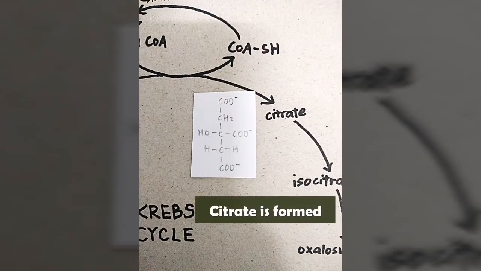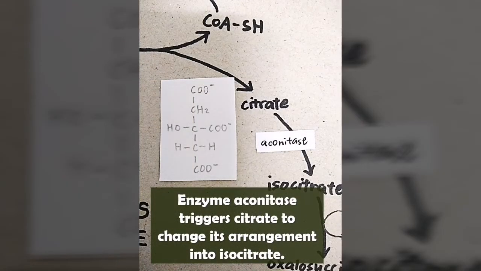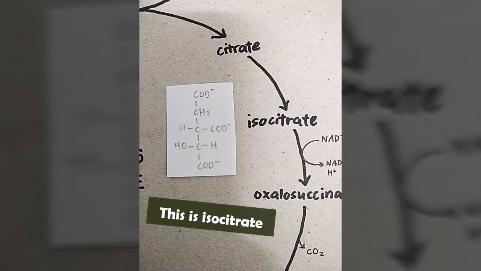Citrate is formed. The enzyme aconitase triggers citrate to change its arrangement into isocitrate. This is isocitrate.